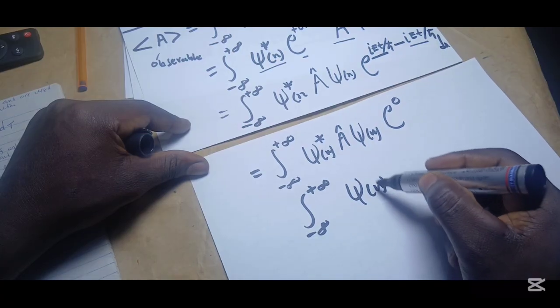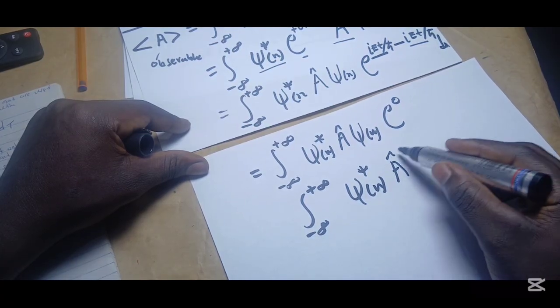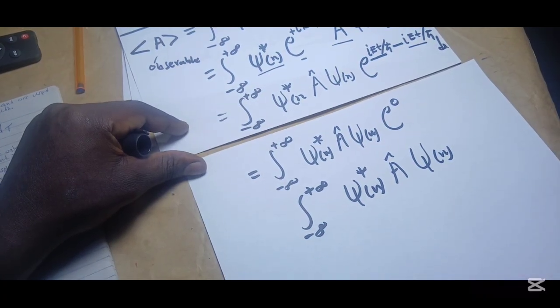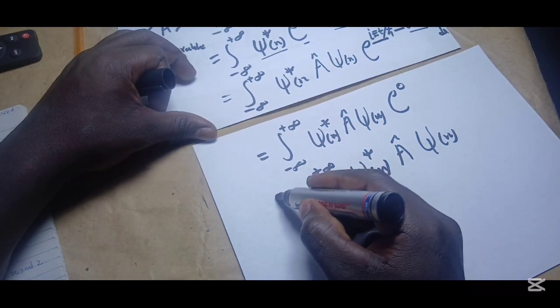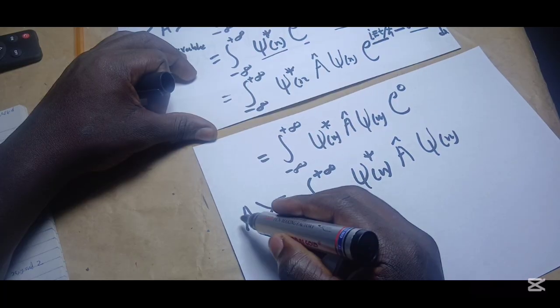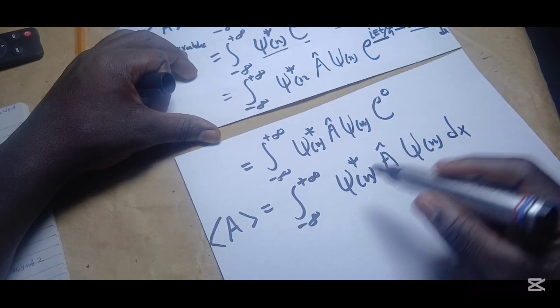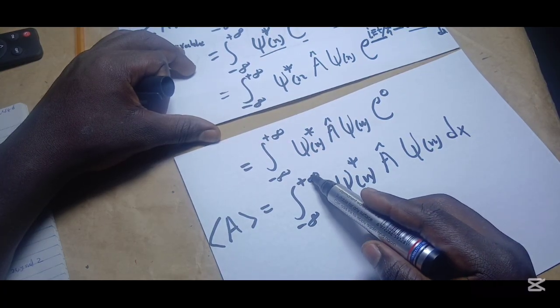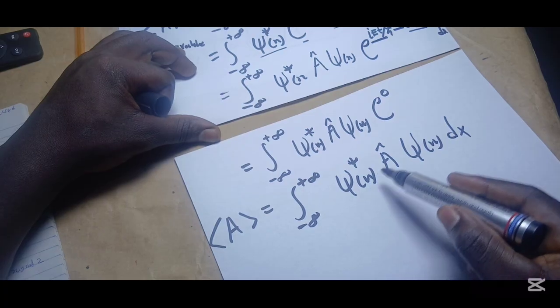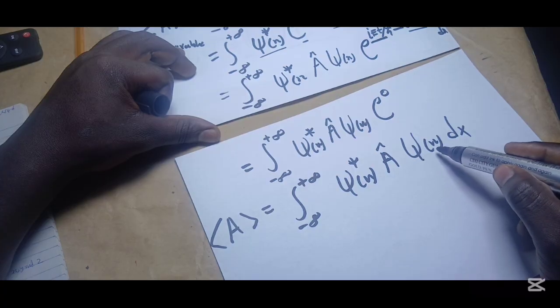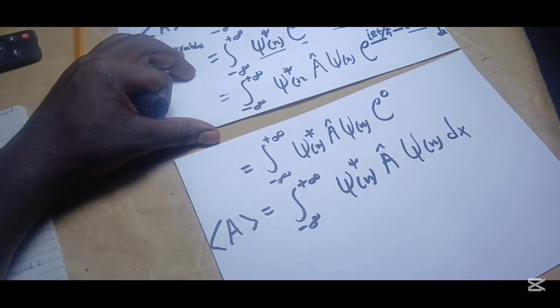So psi star of x, A hat, psi of x multiplied by 1, which is the same as this. So the expectation value for the observable A is simply the integral from negative infinity to positive infinity of psi star of x, A hat operating on psi of x, dx. That is if the wave function is in terms of x.